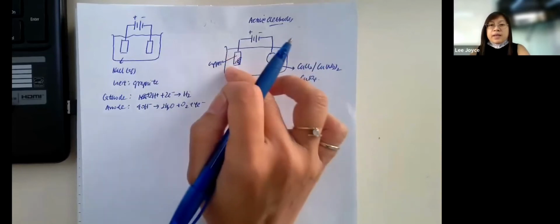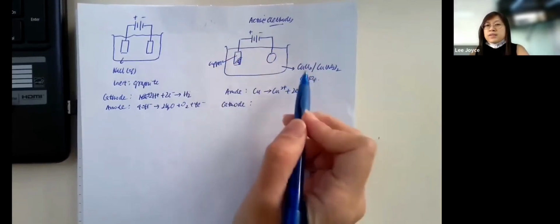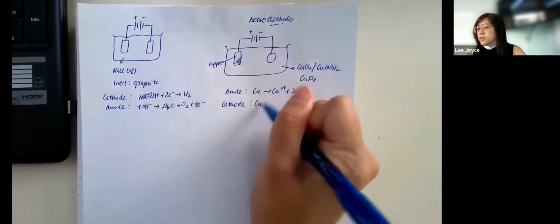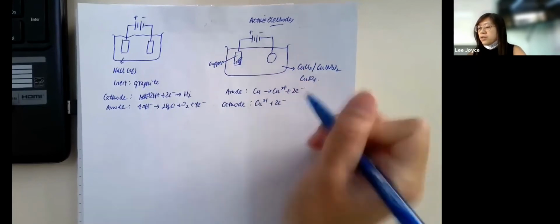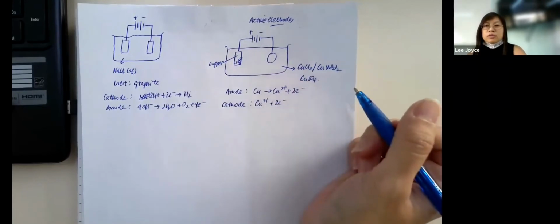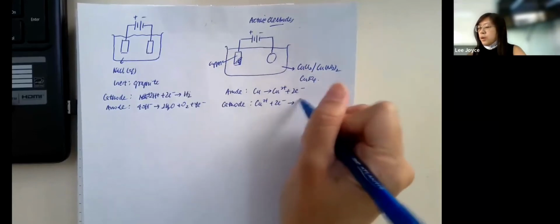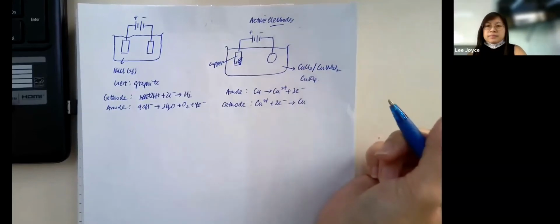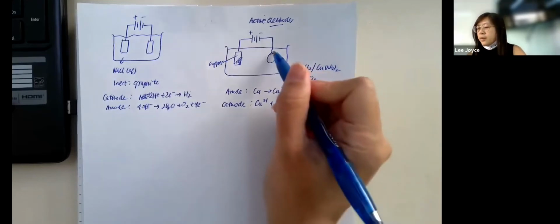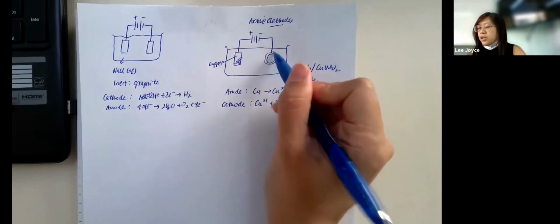While this is happening, the Cu2+ from the electrolyte will get discharged at the same time towards the object, the cathode, by undergoing reduction to form copper metal. Eventually there will be a layer of copper metal coated on the object itself.